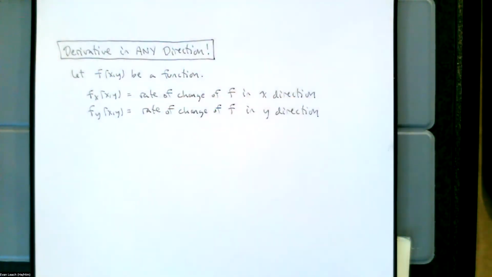Right now, we only have the x direction and the y direction. We have derivatives for those.